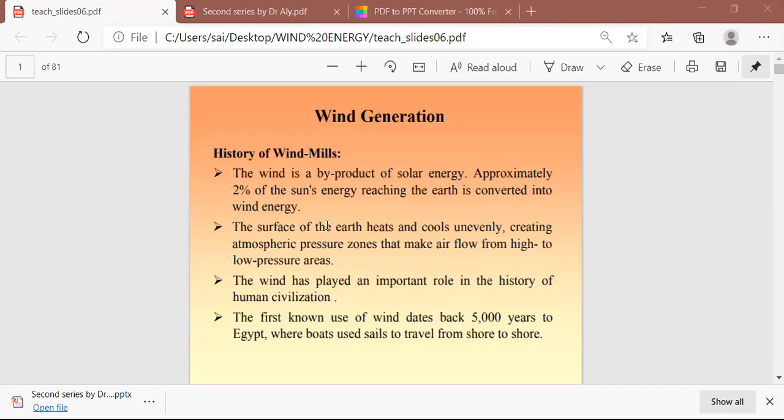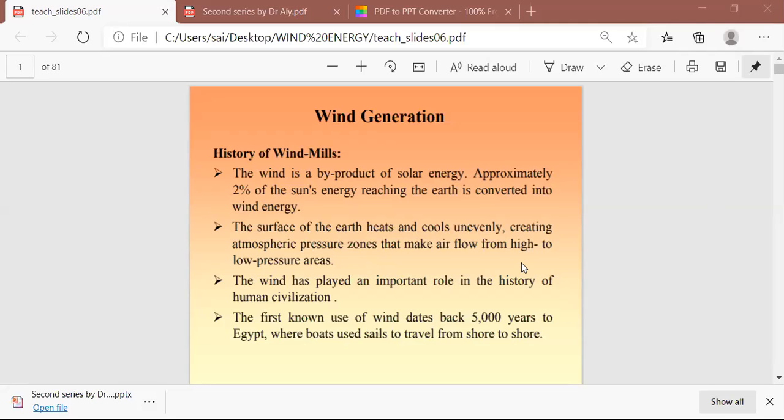Okay, the surface of the earth heats and cools unevenly. Here it is described how the heated earth surface is converted into wind energy. After solar radiation hits the earth's surface, the surface heats and cools unevenly.